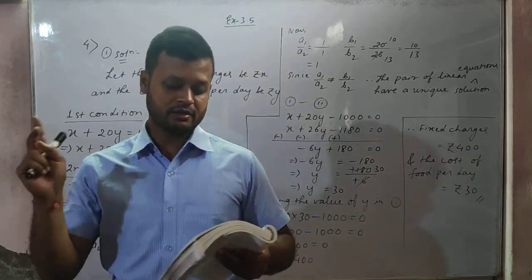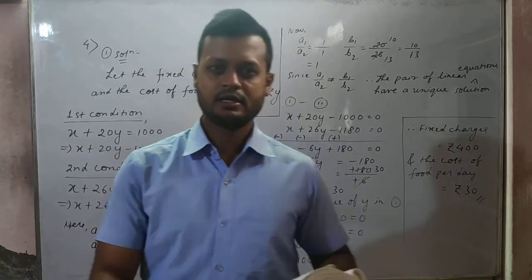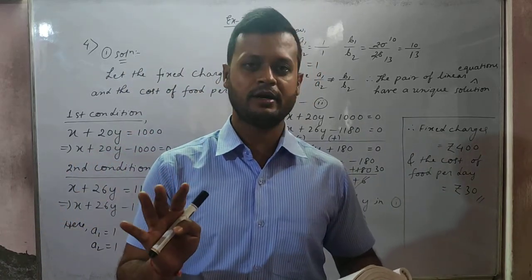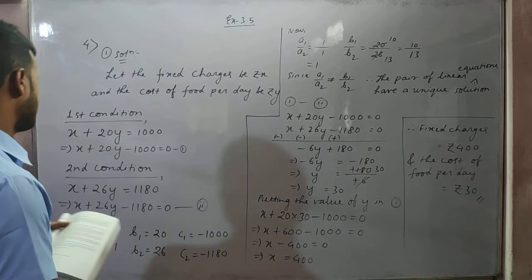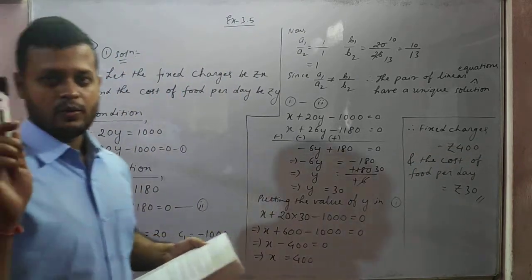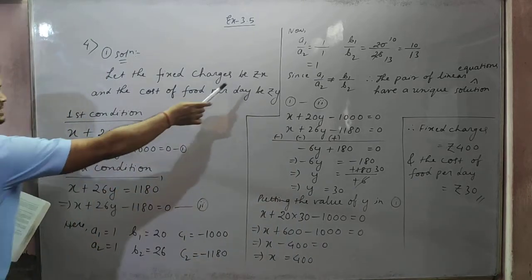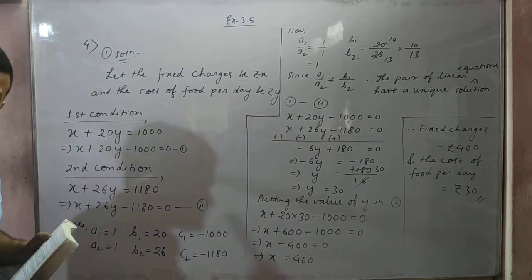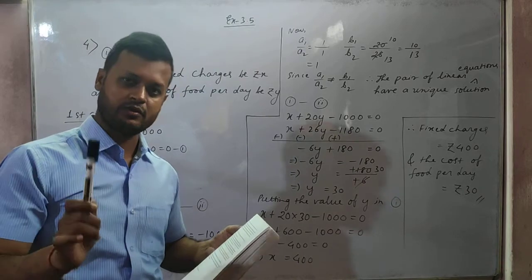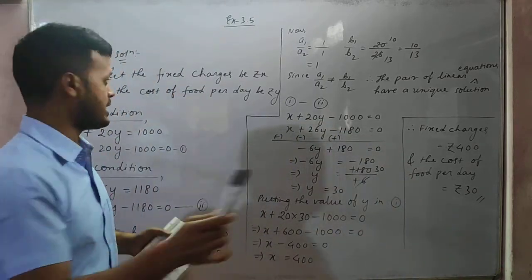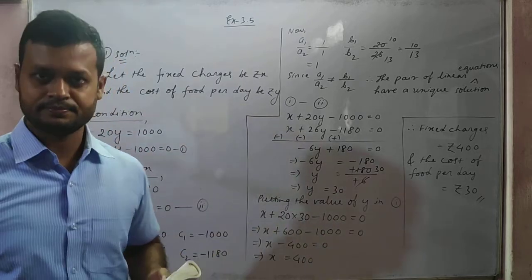So she has taken food for 20 days and her charge is how much? Rupees 1000. Now first condition, let us see. So what is the fixed charge? Fixed charge will be always taken by the hostel. X is the fixed charge. It will be taken whether you take food or not. Plus for one day, if you take food for one day, how much the hostel will charge? Rupees Y.